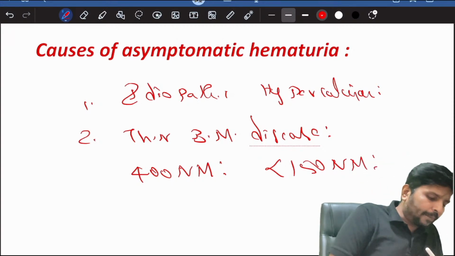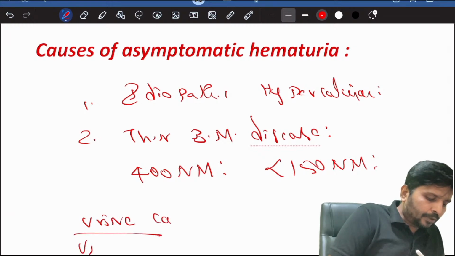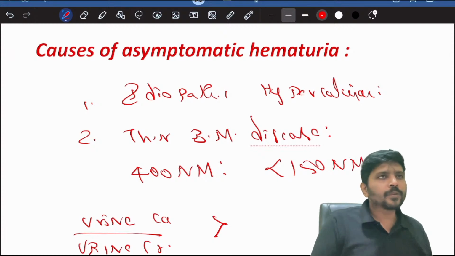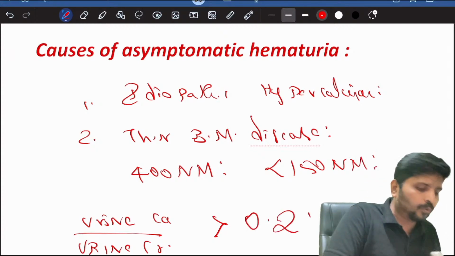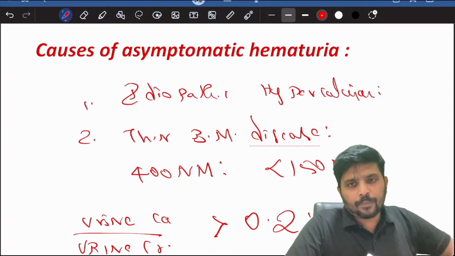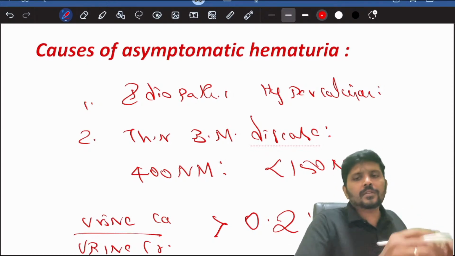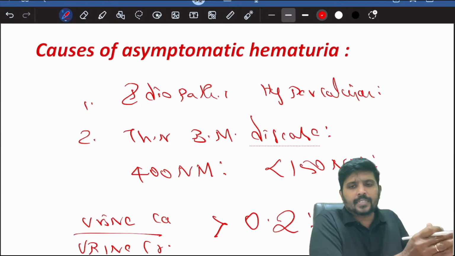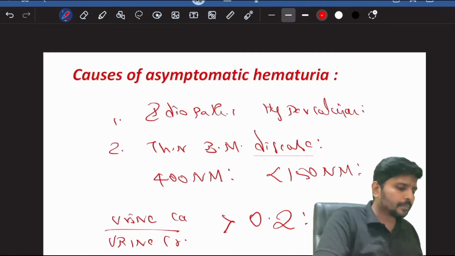It means urine calcium by urine creatinine more than 0.2. So these two are main causes for asymptomatic hematuria.